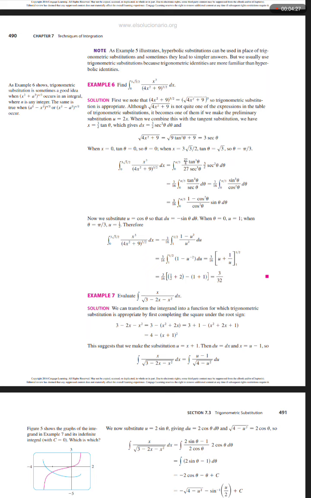Now we substitute u equals cosine theta so that du equals negative sine theta d theta. When theta equals 0, u equals 1. When theta equals pi over 3, u equals 1/2.